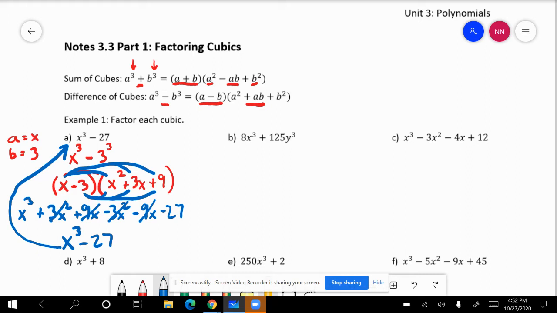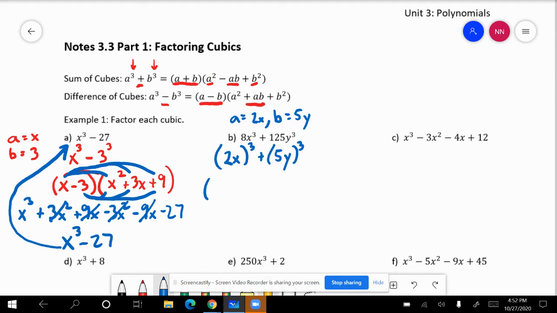So looking at letter B, we're going to do the same thing. We're going to write it in the cube form. So this would be 2x cubed, and we would have 5y cubed. So our a value is 2x, and our b value is 5y.